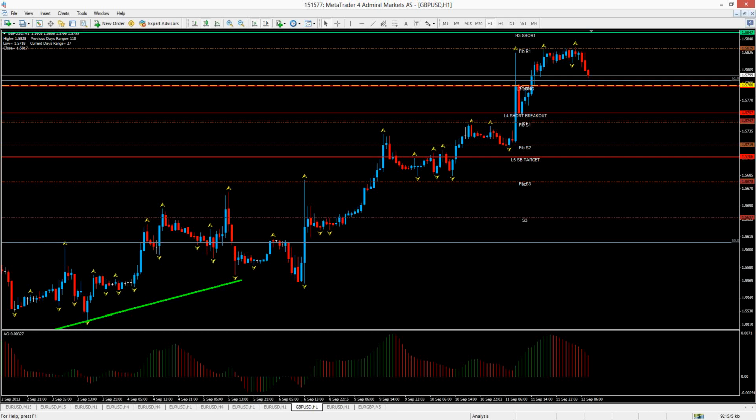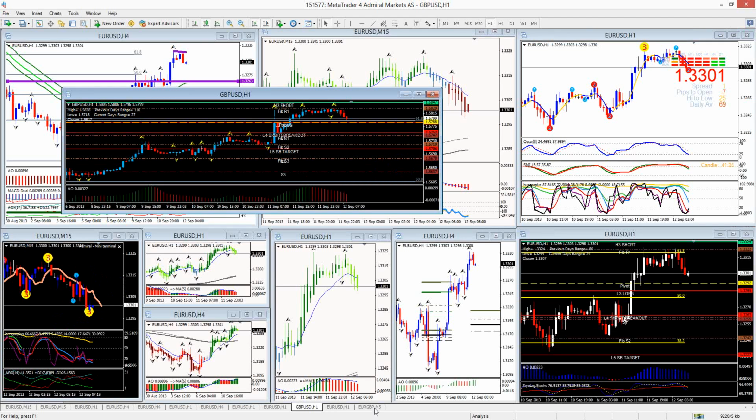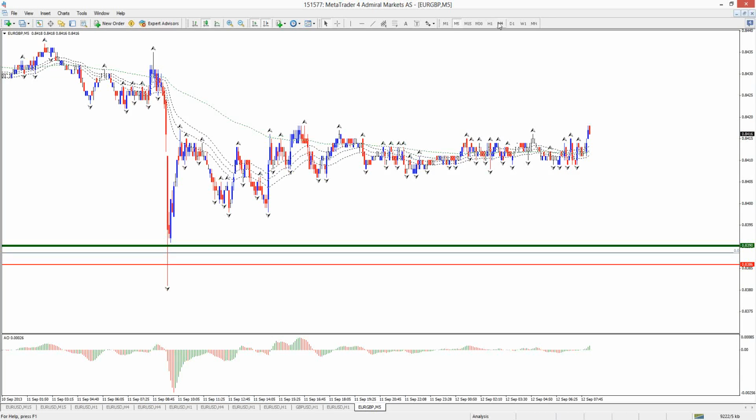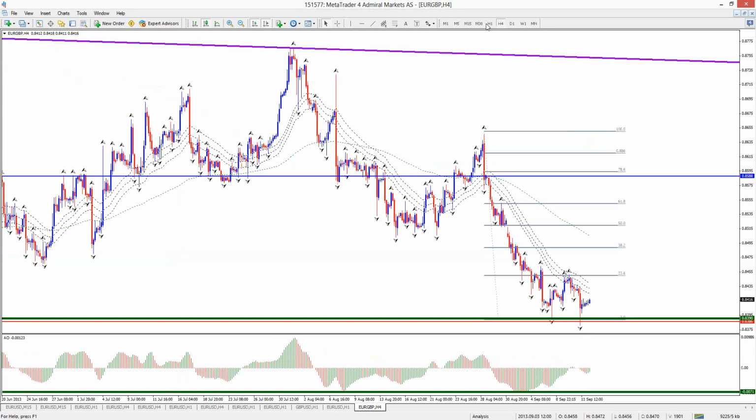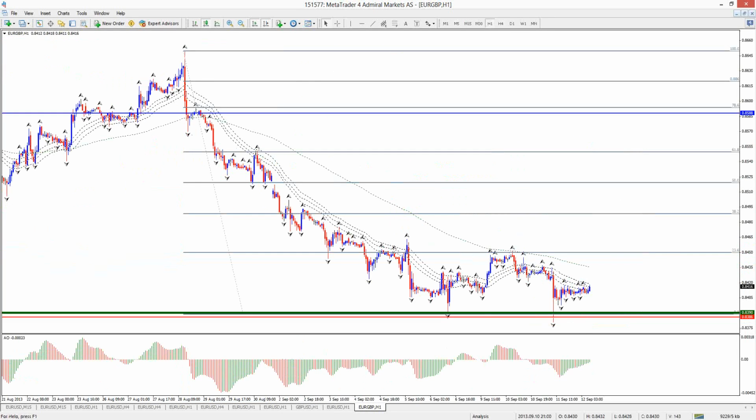It also has to do with the euro pound, because that euro pound moved down again, although really it didn't break fully yet. As you can see, if you look at the 1 hour chart, it's more like a double bottom, if anything, than a full break, right? We're right at the bottom still.